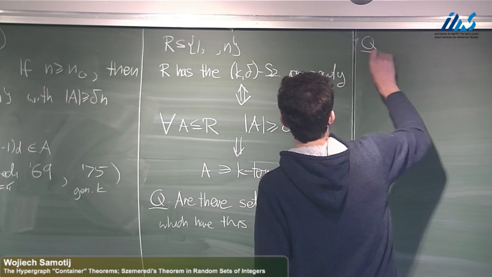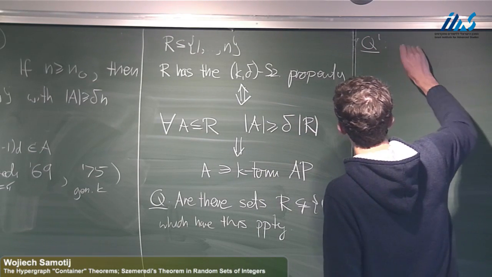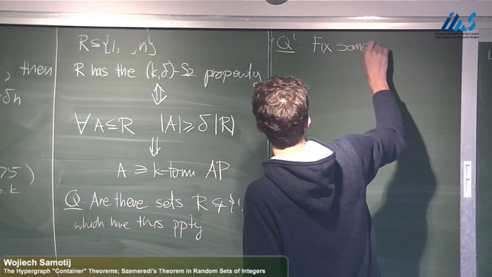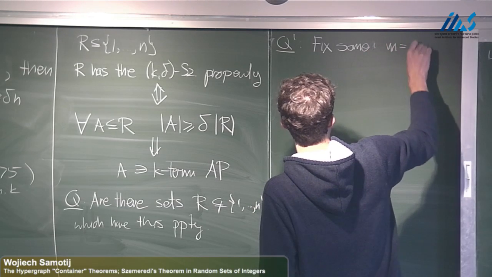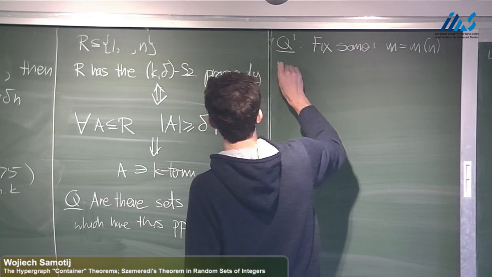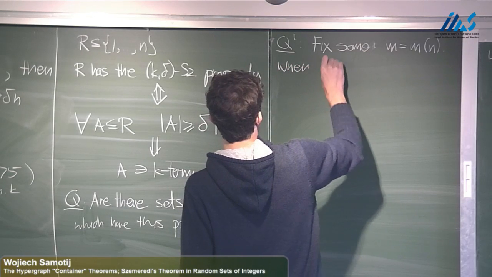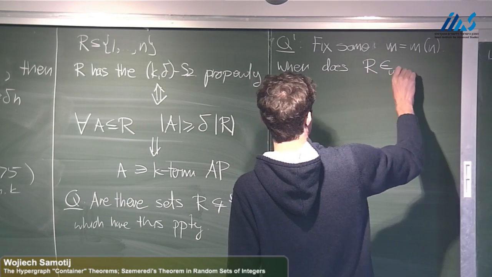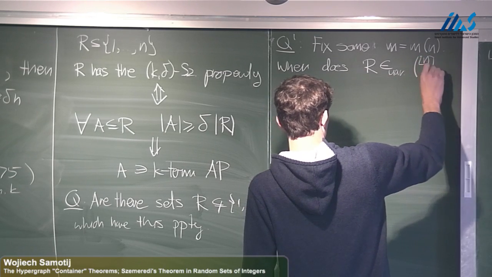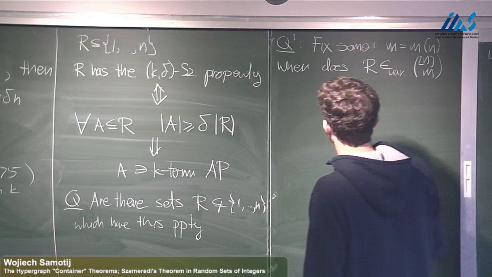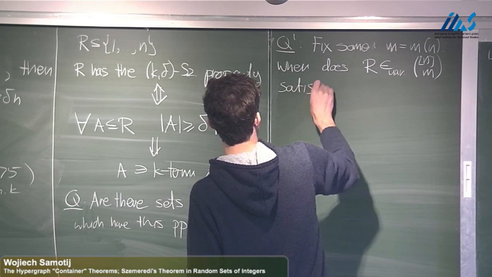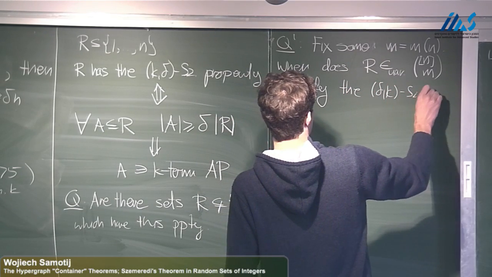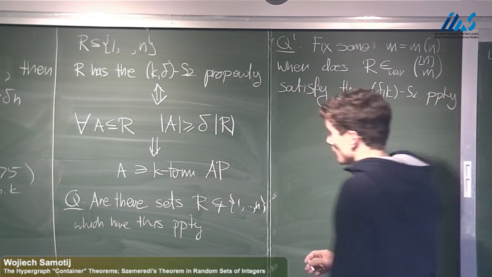So here, the question more specifically is: fix some m, which is a function of n, and when does R, which is chosen uniformly at random from all m-subsets of the integers 1 through n, satisfy the delta k Szemeredi property?